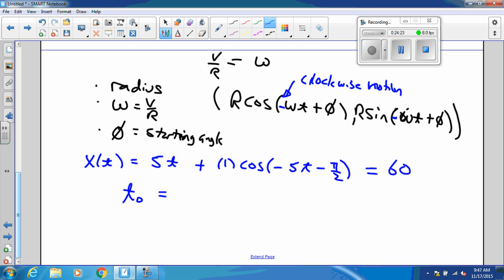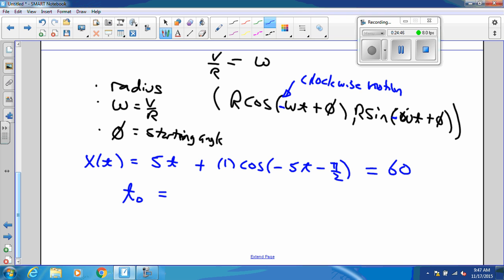What's a good starting guess for the t0? 12. Good. Why is it 12? The cosine is going to be really small compared to this 5t thing, right?